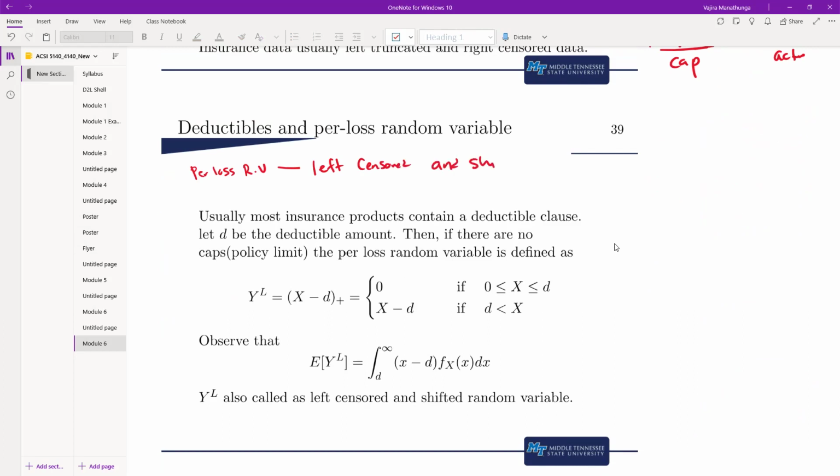It's left censored because values below D are not ignored, but we set them equal to 0. So you can see anything below D, we set at 0. And then shifted. That's why you have left censored and shifted.